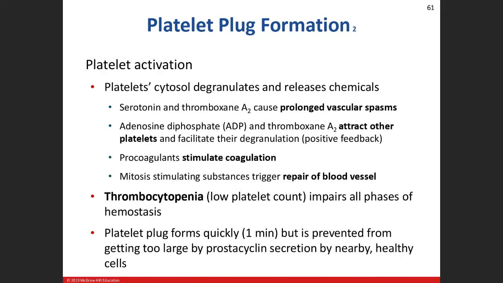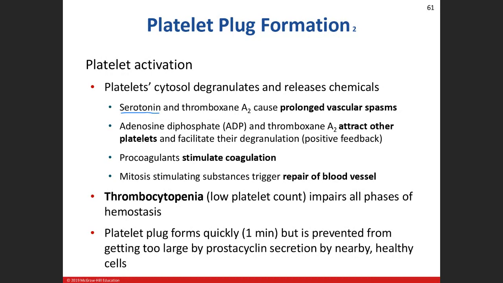Jumping into this part here, going into a little bit more detail. So now we've activated our platelets, and when this occurs, you need to know these. Our platelets are going to release serotonin. We've seen that before as a neurotransmitter, but serotonin has lots of other properties involved.